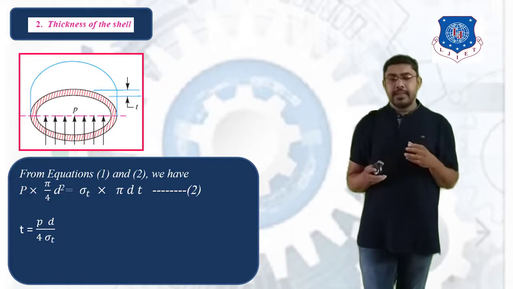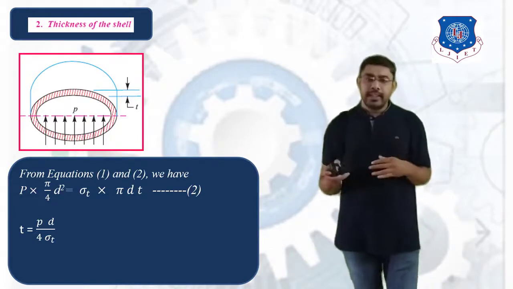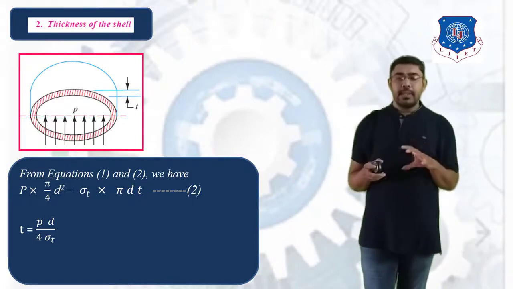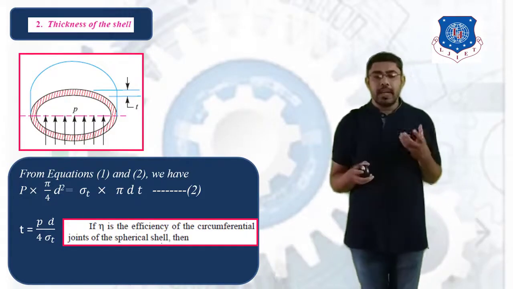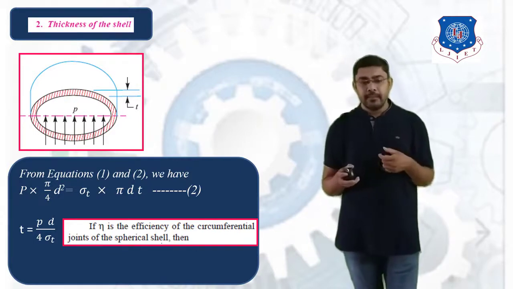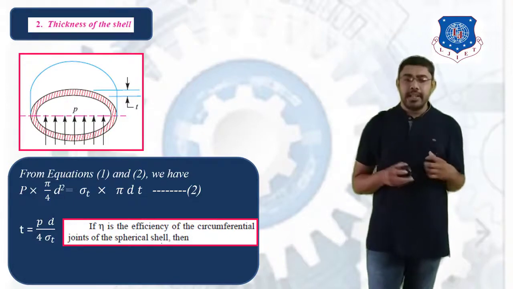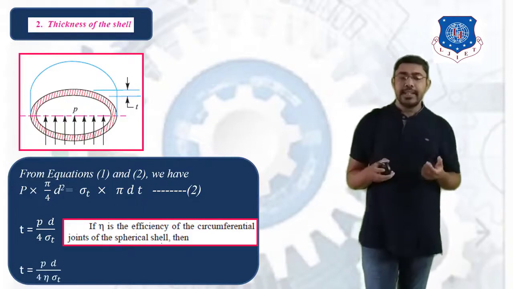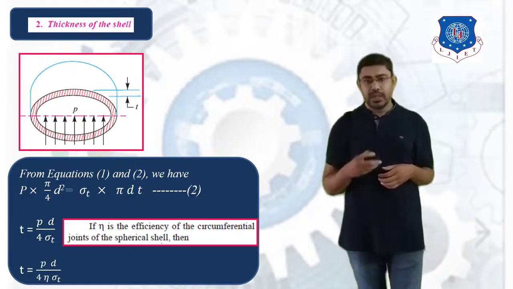In this equation, sigma t is the permissible stress of the spherical shell material. Sometimes the joint efficiency is given. If eta is the efficiency of the circumferential joint of the spherical shell, you have to consider the efficiency, and the thickness equation is modified as t is equal to P into D divided by 4 into eta into sigma t.